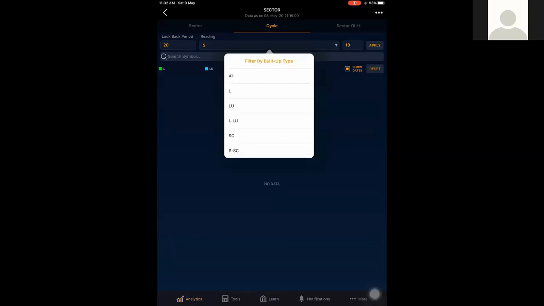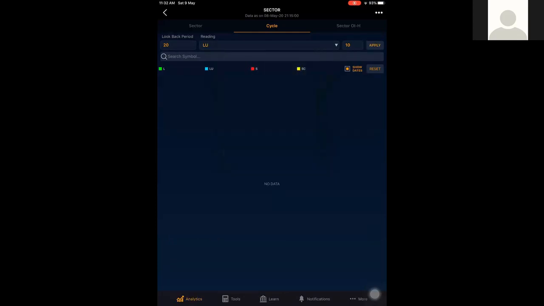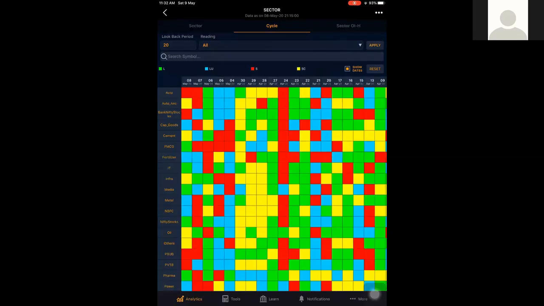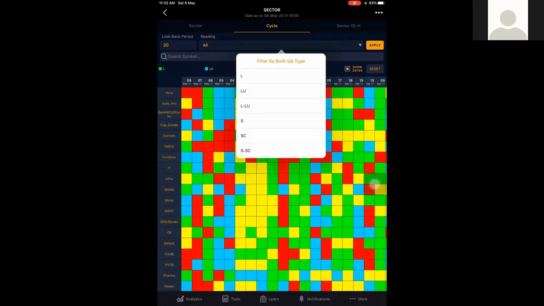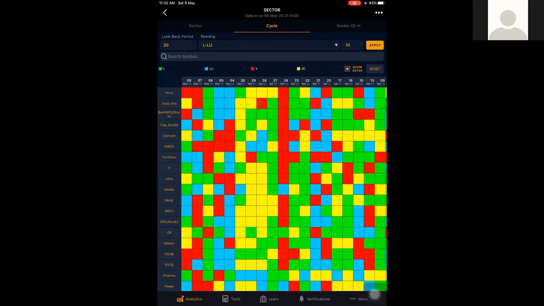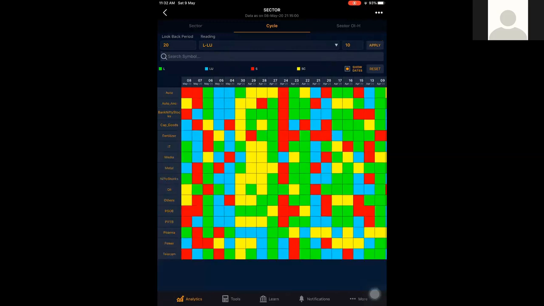Maybe long unwinding, nothing is there. Let's do all. Or maybe if I say in the last 20 periods, long and long unwinding, basically wherever we see green and blue combined more than 10, these are the sectors.